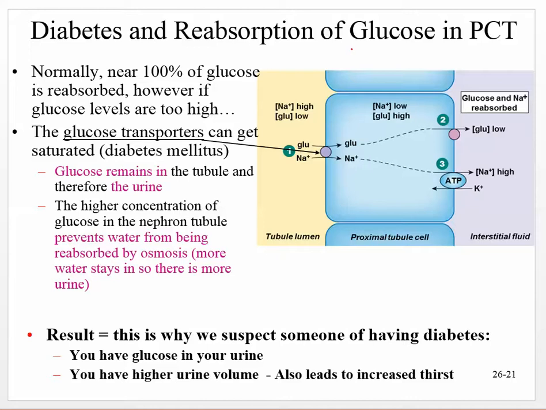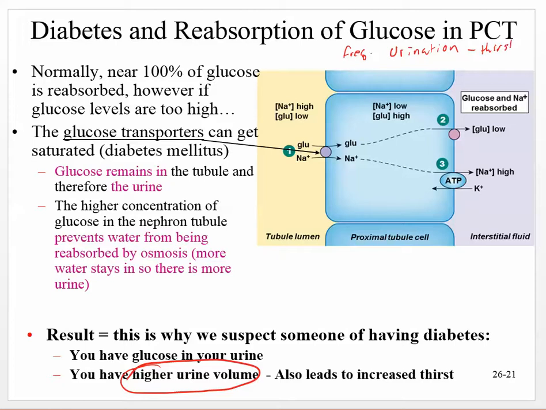The first things we recognize are frequent urination. Okay, so I'm just going to circle it down here. A higher urination volume. So frequent urination is one of the first things we see with someone who is newly diagnosed with diabetes. The other thing we're going to see is thirst.